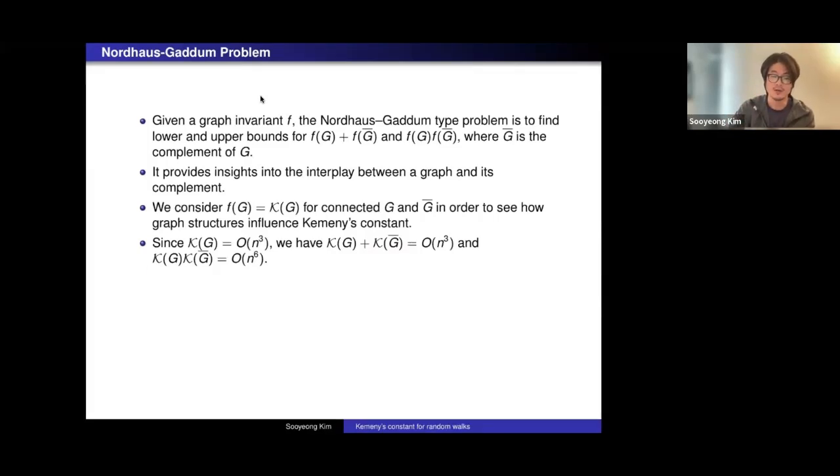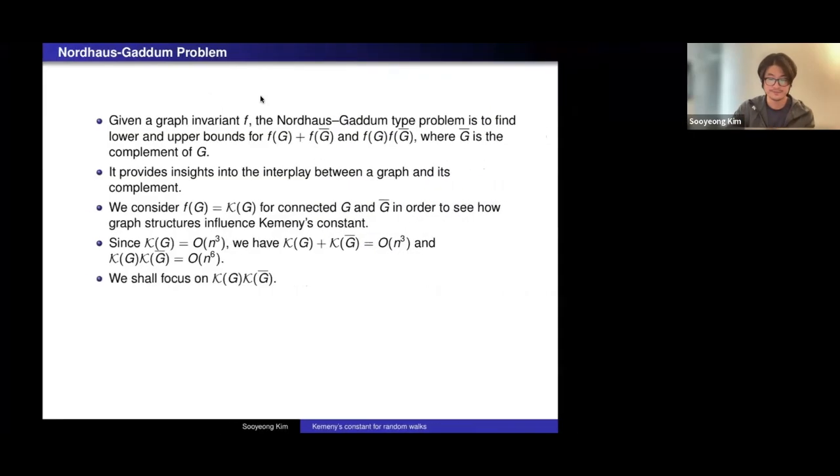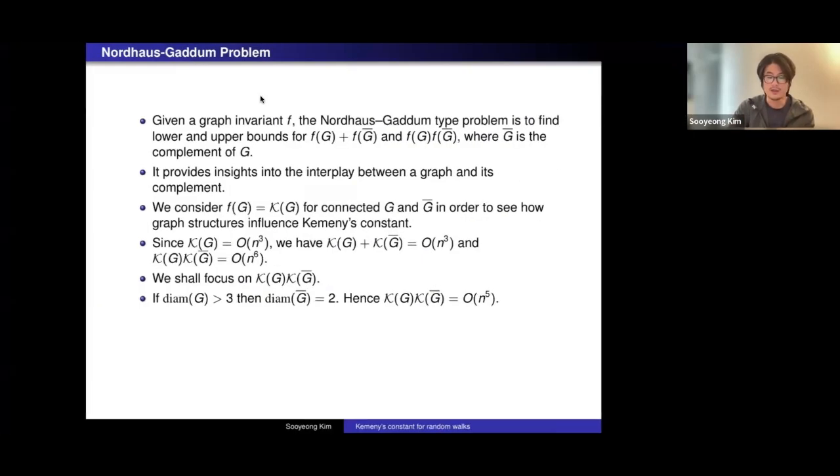So what about the product? The maximum upper bound is n to the power of 6, but we can make it sharper by using what we have seen. Here, it is a well-known fact that if we have a graph G whose diameter is greater than 3, then the diameter of its complement is going to be 2.